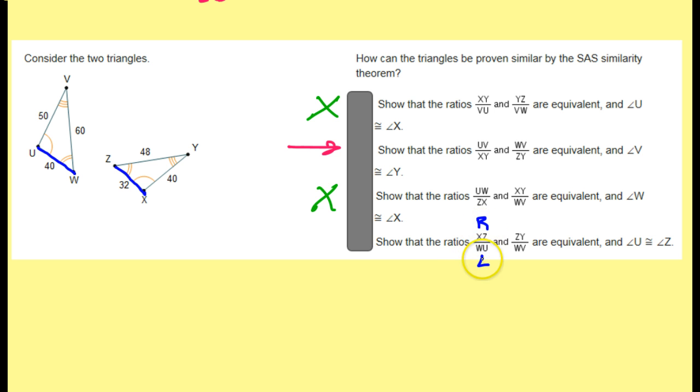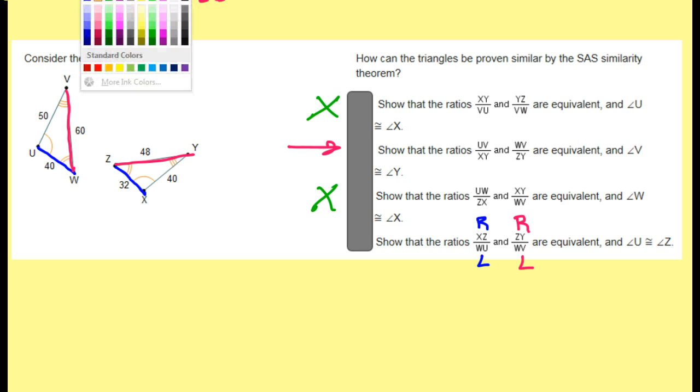So we went right over left. And now we have ZY, which is on the right again, and then WV, which is on the left. So that's fine so far. Right over left, that part looks good.